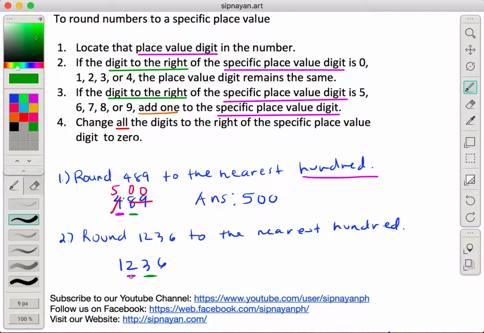No, kasi yung next digit o yung digit to the right is less than 5. So, pag 4, 3, 2, 1, this digit remains. And all the digits to the right, of course, replaced with zeros. So meaning the answer here is 1,200.